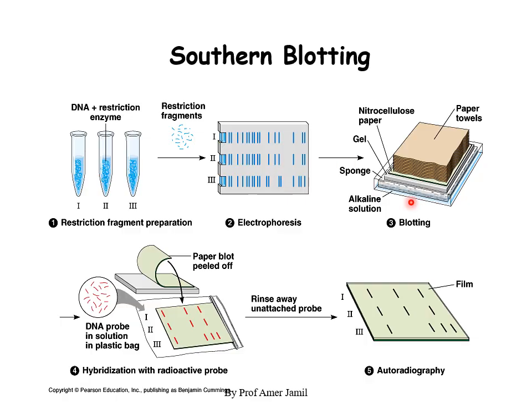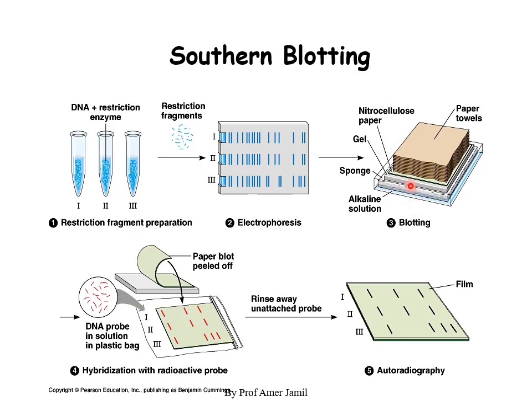So what we do here is we transfer this DNA under denaturing conditions like an alkaline solution. Because DNA is double stranded, when we put this gel under alkaline conditions, hydrogen bonding will be disrupted, and the single stranded DNA will be transferred to nitrocellulose paper.